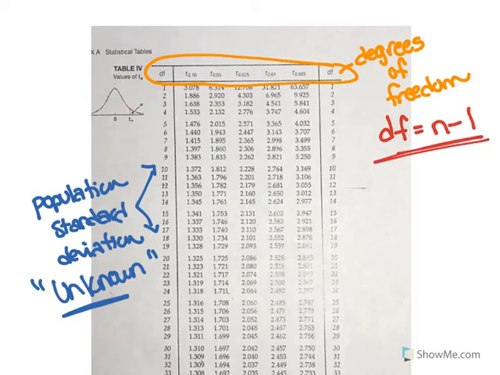Whatever your sample size is, you always subtract 1 from it. So if we're dealing with 25, then we must be on row 24. You're always going to go to the row one number less than your sample size, okay? So that's your degrees of freedom.